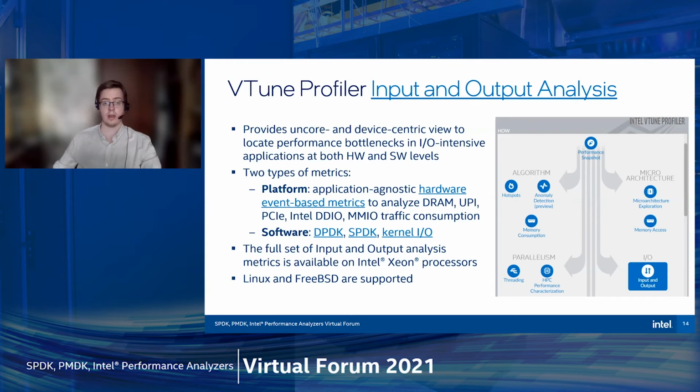So you can analyze DRAM, UPI, PCIe traffic, and see the details of this PCIe traffic, including DDIO and MMIO traffic. And from the software side, you can get some API level statistics for DPDK, SPDK frameworks, and for Linux kernel I/O. So the full set of input and output analysis metrics is available for Intel Xeon processors, and the analysis is enabled for Linux and FreeBSD.